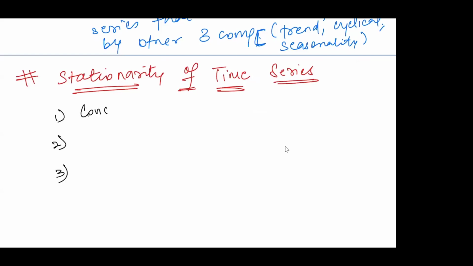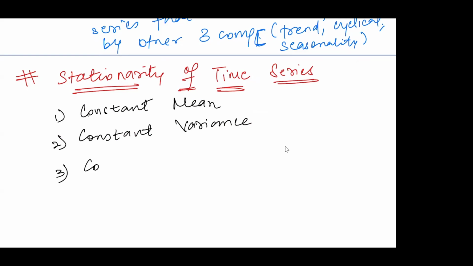It has constant mean, it has constant variance, and it has constant autocorrelation, or you can also say it has no autocorrelation.